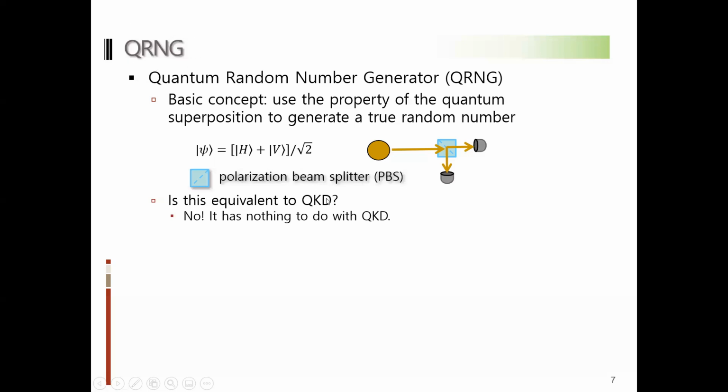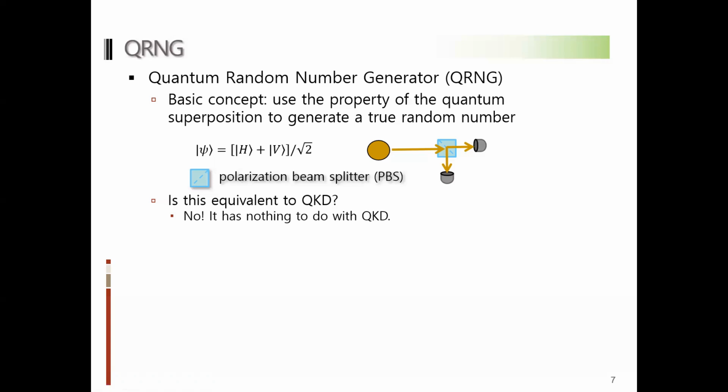Then what is the relation between the QRNG and the QKD? The only connection is that, if you remember the BB84 protocol, which was the simplest QKD protocol, Alice should first decide what value she will transmit for each time slot, and also determine what polarization basis she will use, the HV basis or the diagonal basis.